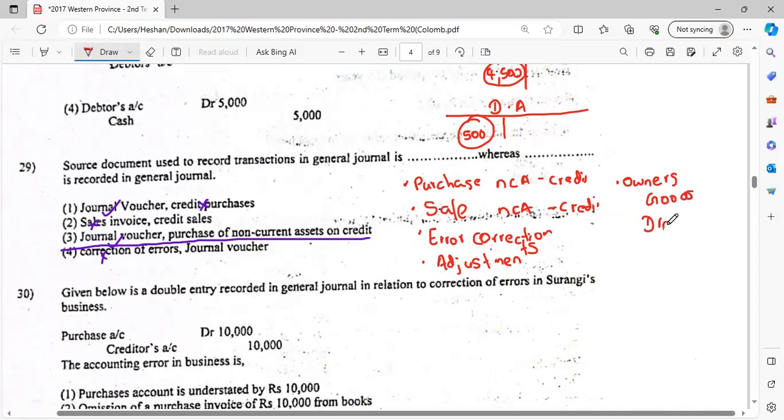You know, owner's cash drawings are recorded in the cash book, but owner's goods drawings are recorded in the general journal. These are the transactions we record in the general journal. You can write whatever you want: purchase of non-current assets on credit basis, sale of non-current assets on credit basis, error correction, adjustment entries, owner's goods drawings. These are the things.